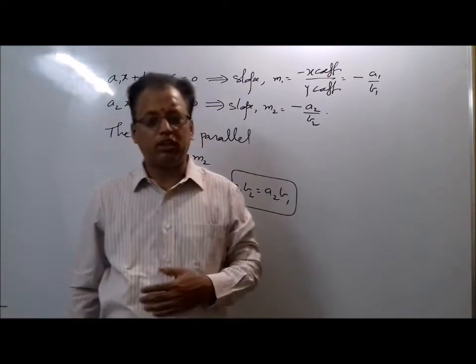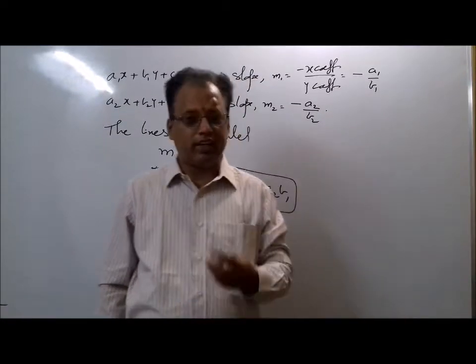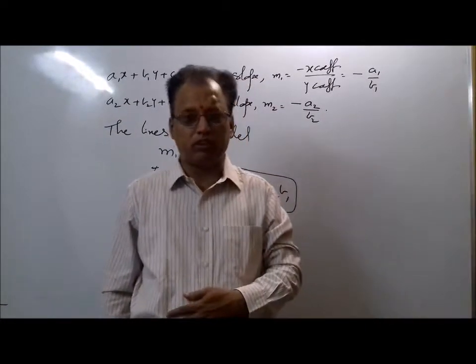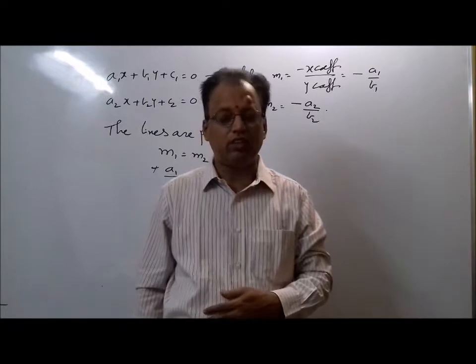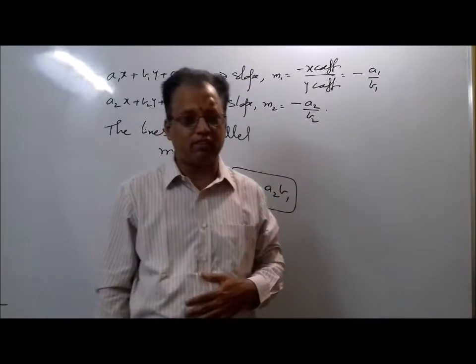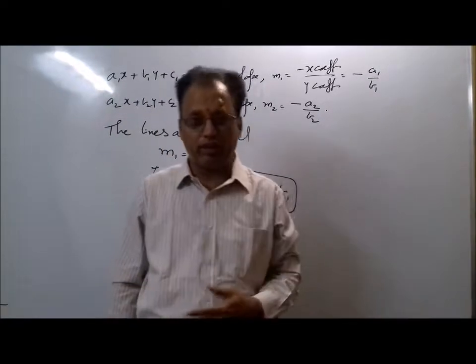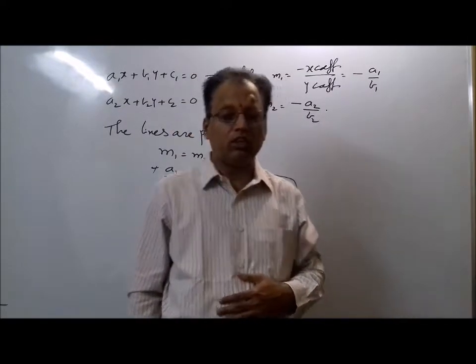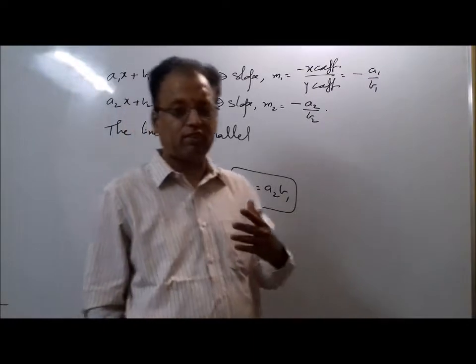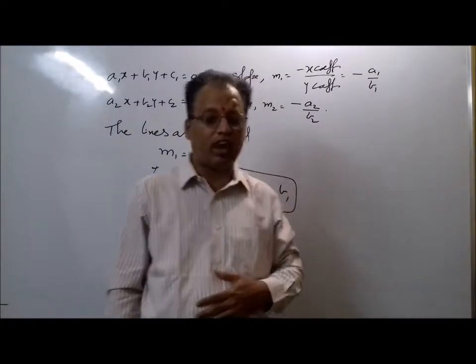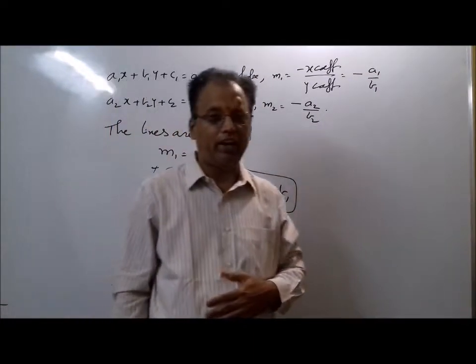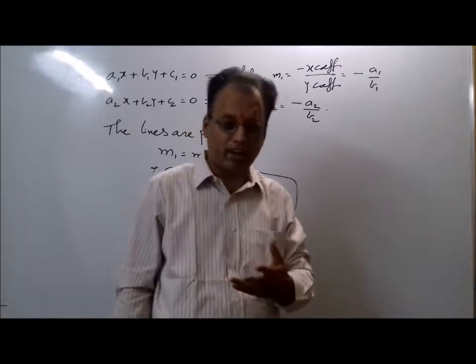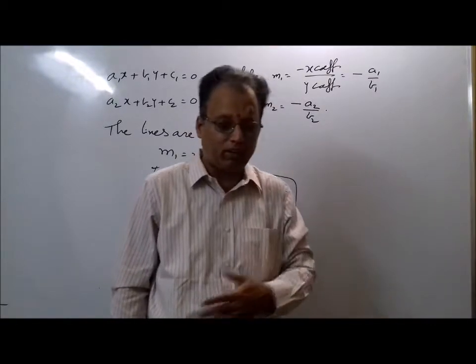Till now in the straight lines, 3 classes, part 1, part 2 and part 3, we discussed different forms of the straight lines and the problems based on them. So today we discuss the slope conditions. We know m1 is equal to m2 when the lines are parallel, and m1 m2 is equal to -1 when the lines are perpendicular.